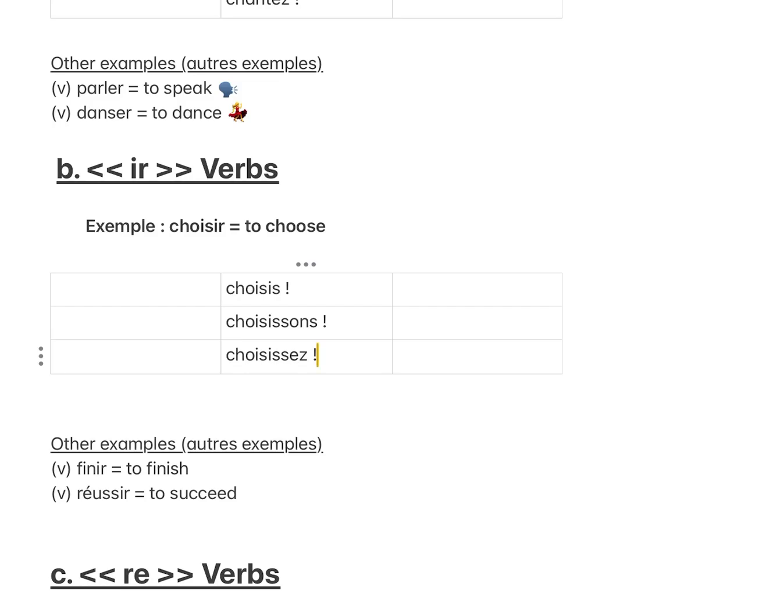So the same steps will be followed when making the imperative form for any regular IR verb, as long as it's not an exceptional verb. Apart from that, we have some other examples of regular IR verbs, that is finir, which means to finish, and réussir, which means to succeed.